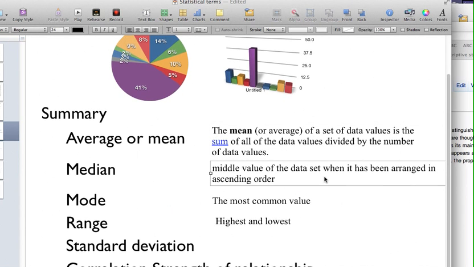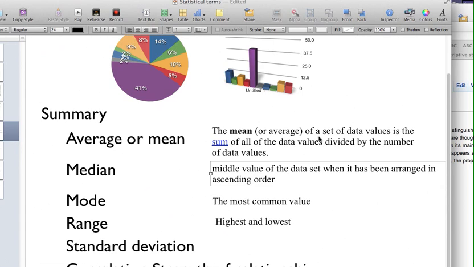People will say, Australian men on average have a height of 175 centimetres. Say that's what it was, right? That makes sense. It simply means the mean or average of a set of data values is the sum of all the data values divided by the number of data values.